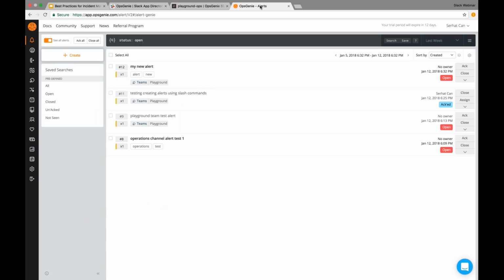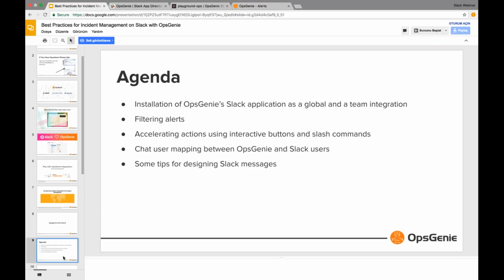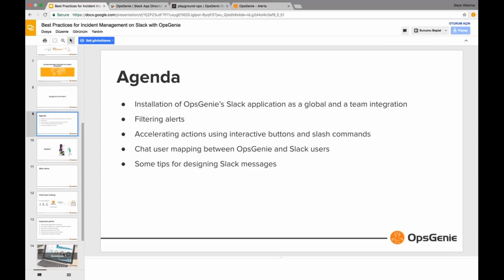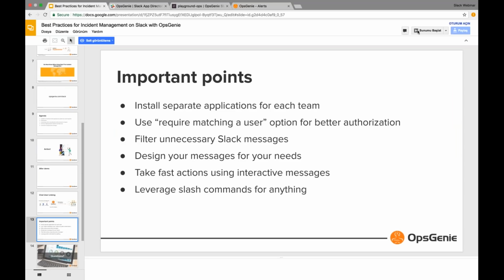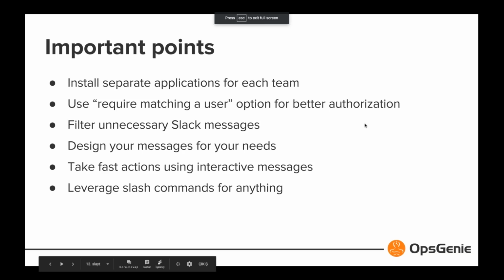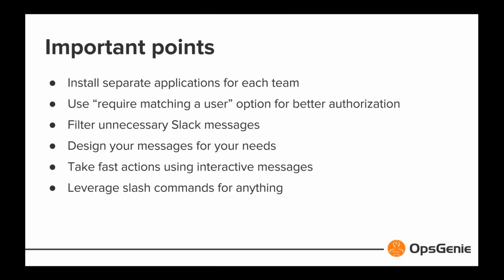So, well, that's all I'm going to say, but I will also talk about some important points. As I shared with you in the beginning of my presentation, you should install separate applications for each team because you want your teams to have visibility only of the alerts they are interested in.